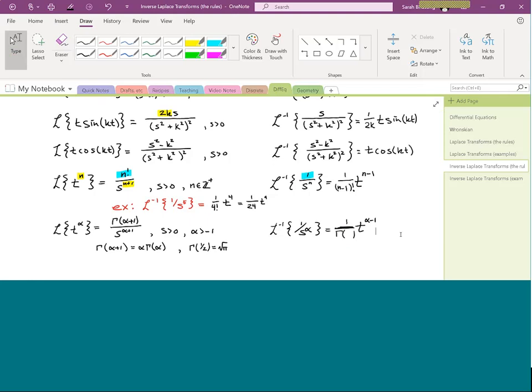Compare it to the exponent on t. In the original formula, the thing inside the gamma function was 1 bigger than the exponent on t. So our exponent on t right now is alpha minus 1, so add 1 to that, and it should just be alpha.